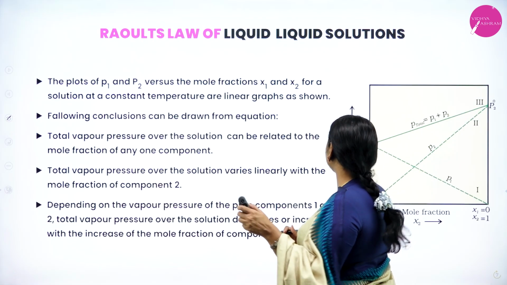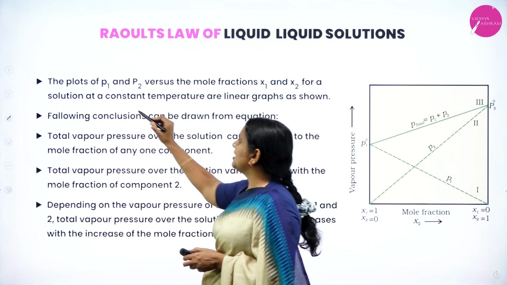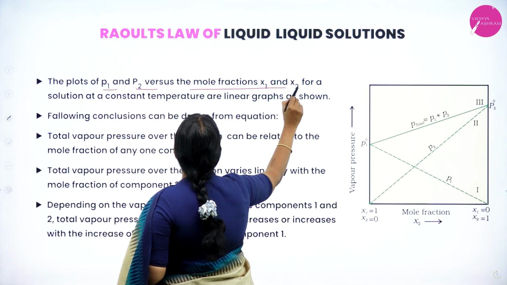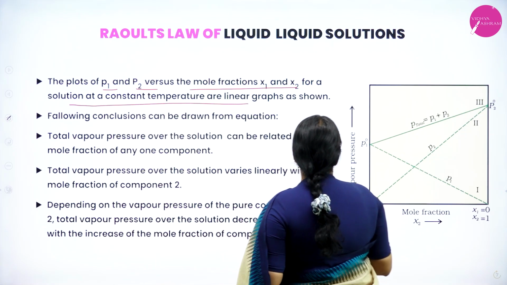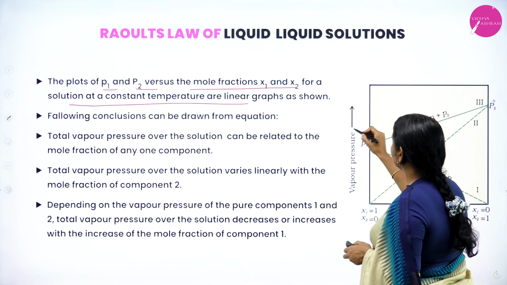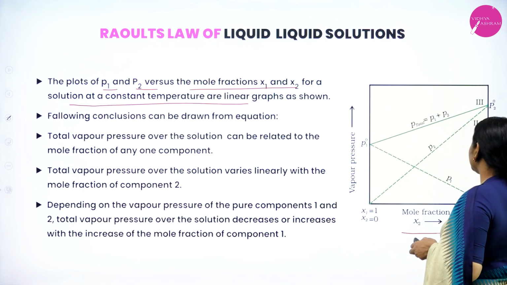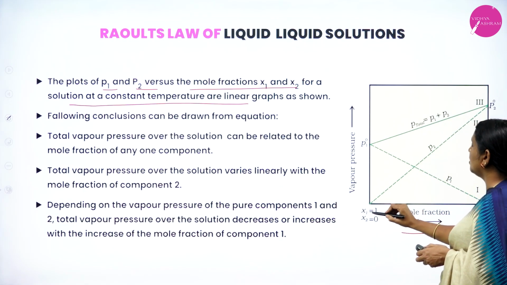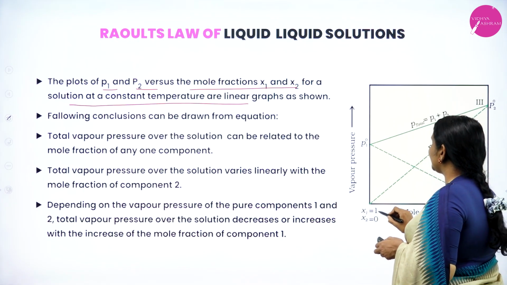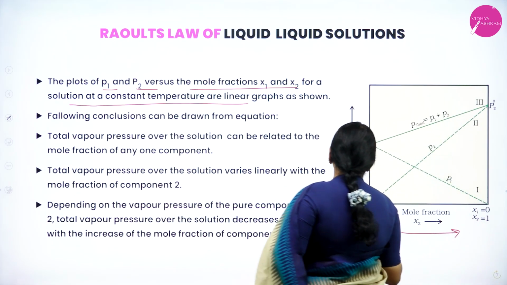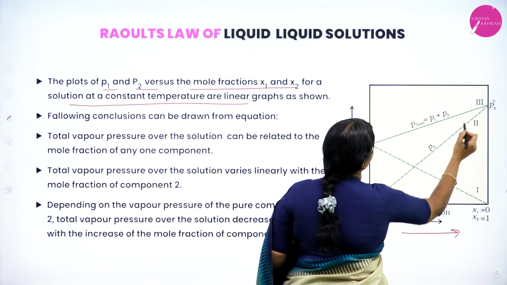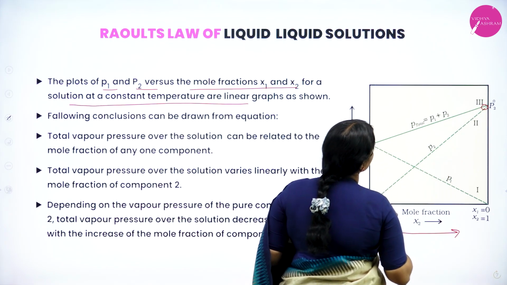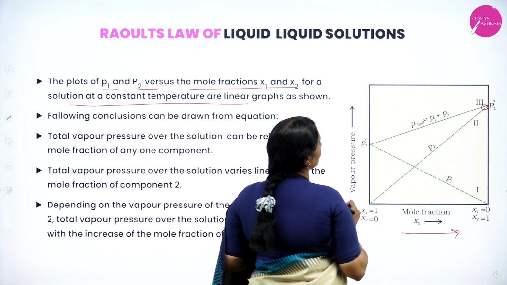Now, consider the plots of P1 and P2 versus the mole fractions X1 and X2 of the solution at constant temperature. We get linear graphs. Here you take vapor pressure along the y-axis and mole fraction along the x-axis. When X1 is 1, X2 starts from the origin 0, and where the line touches the y-axis, the y-intercept is P2 naught.